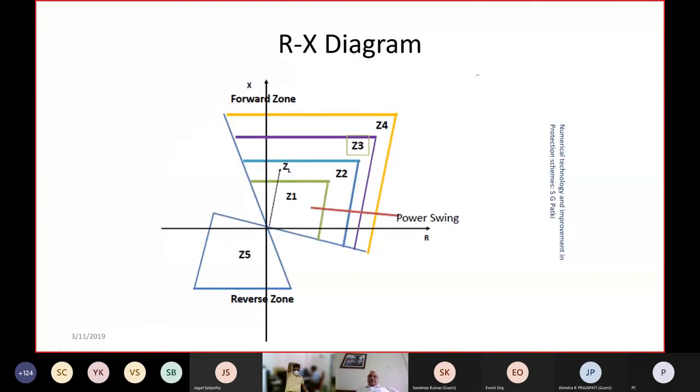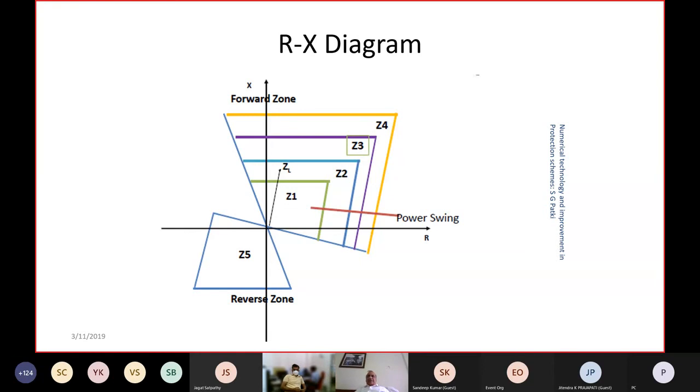Now, why I have explained this, and this is the way that quadrilateral characteristic can be zone 1, zone 2, zone 3, zone 4. So the point why I am explaining this sort of phenomena is you can see there are limitations of distance protection or impedance based protection relays because the decision which is required to be taken is influenced by so many factors.